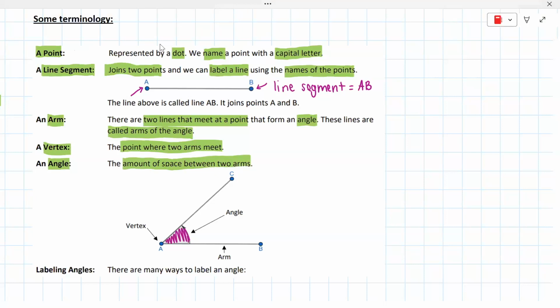And like I've said already, we work a lot with angles in geometry in grades 8, 9, 10, 11, and 12. So it is really important that when we start working with angles, we can identify angles, we can label or name angles, and we feel comfortable in doing so.